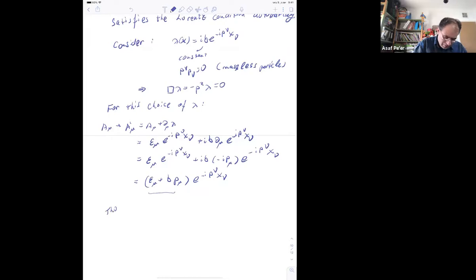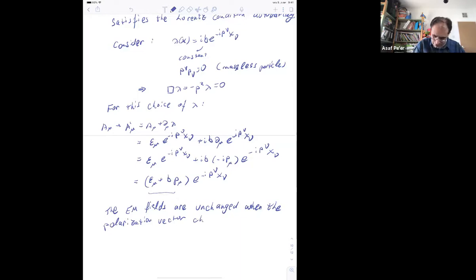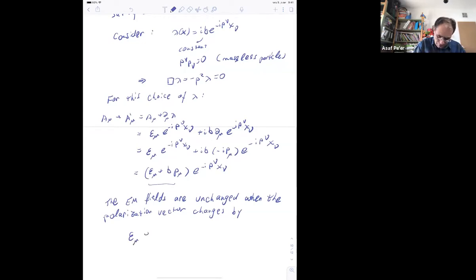So the electromagnetic fields are unchanged when the polarization vector changes, ε^μ goes to ε'^μ, which is ε^μ plus some constant in the direction of p^μ.